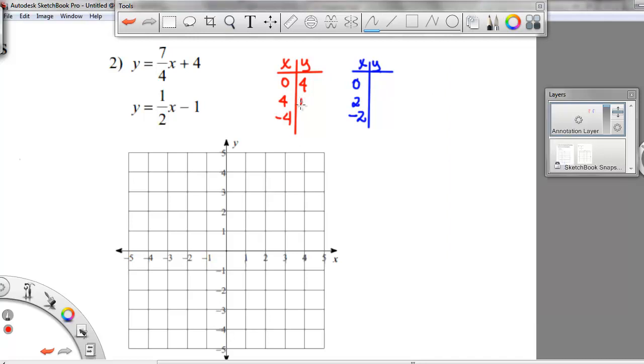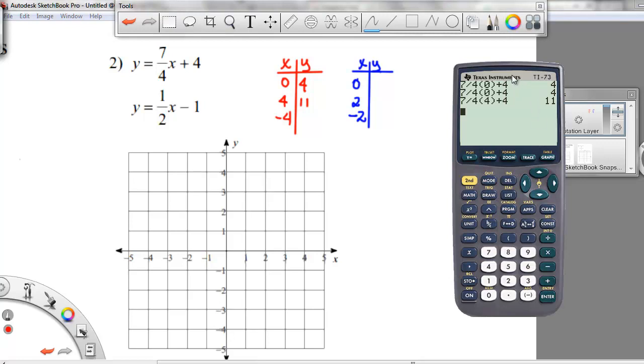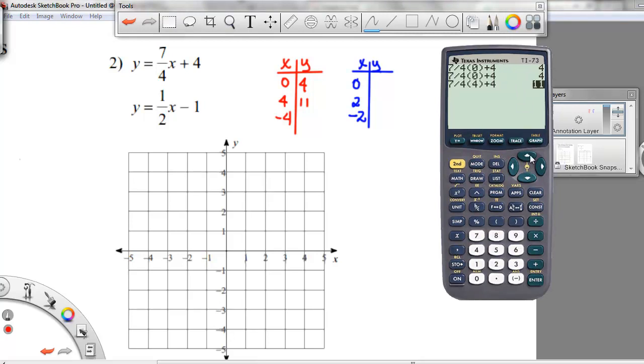We'll see what we can do with that. And then I have a negative 4. We'll change that to a negative 4 using my insert key. When x is a negative 4, the y value is a negative 3.